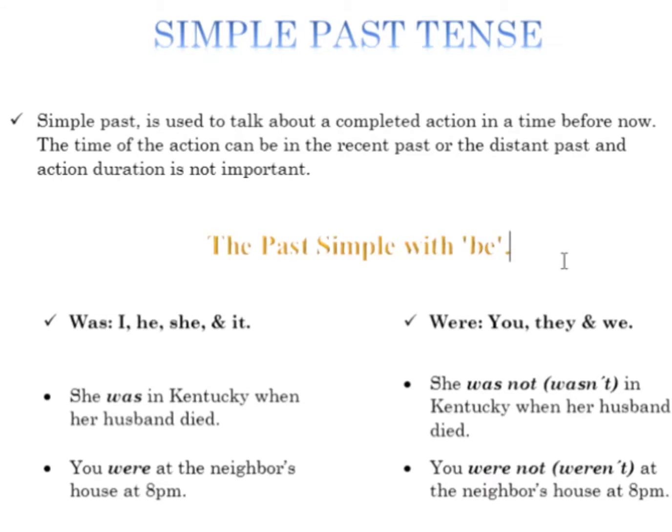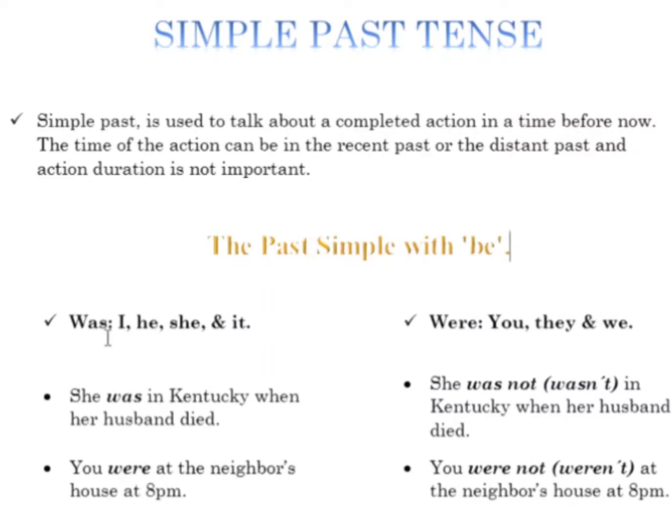We use the verb to be in present and in past for the same things: for describing people, for talking about places, for telling how the weather is, and so many other cases. So the uses of the verb to be are the same either in present or in past.